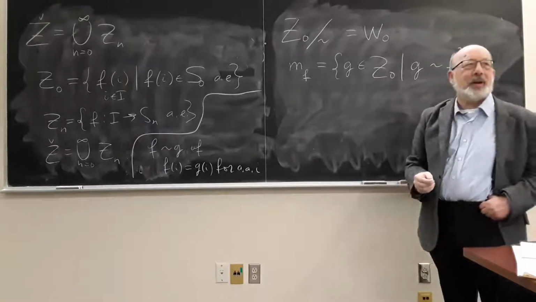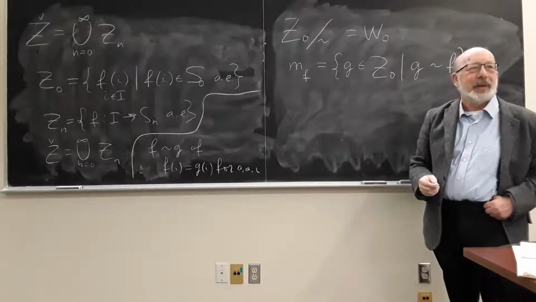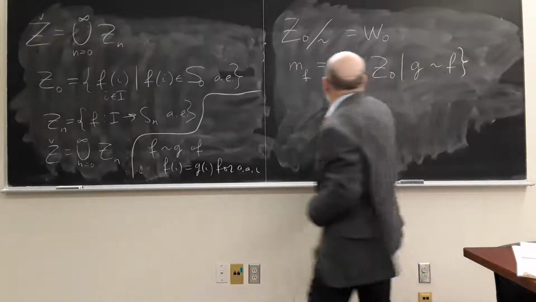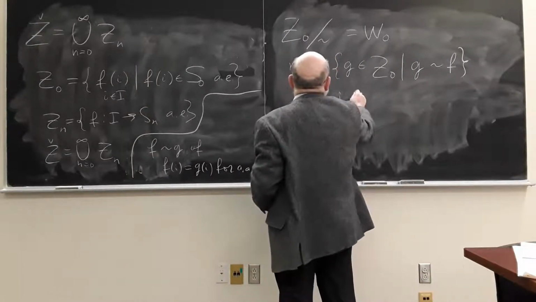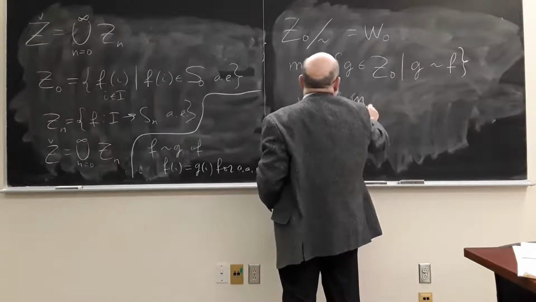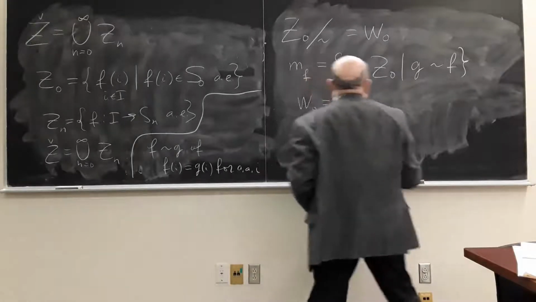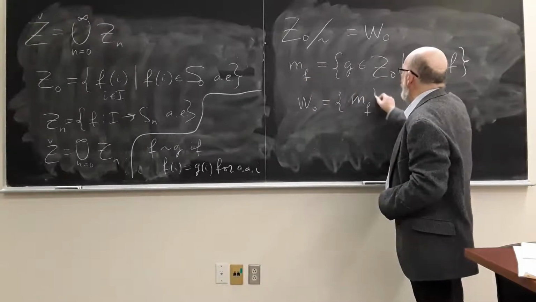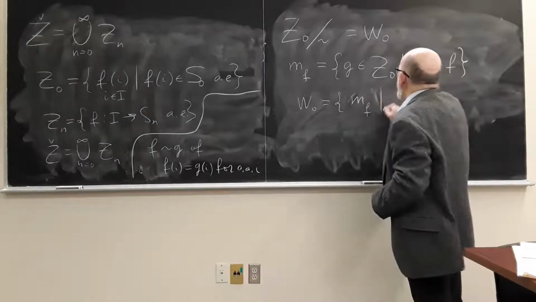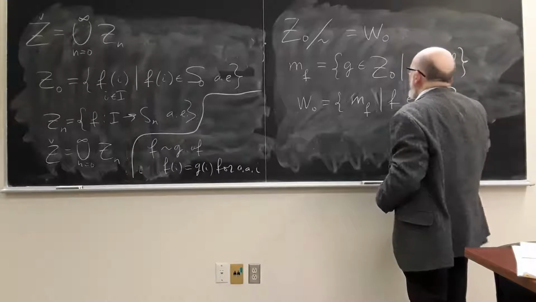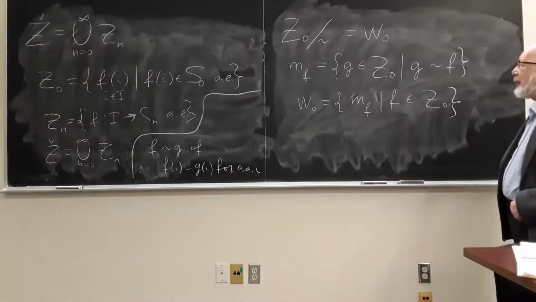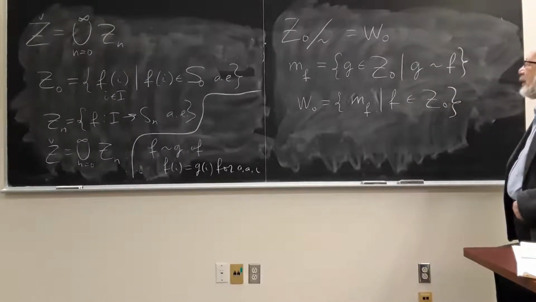These are equivalence classes. So W0 is the collection of these sets, these elements M_f, equivalence classes, f in Z0. So this is W0.